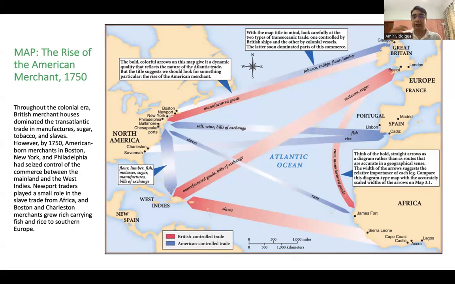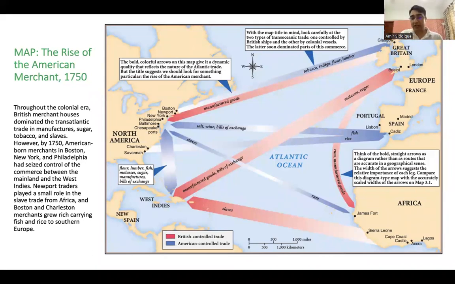And the British would make finished products, like in this case rum and manufactured goods, and send those finished products to Africa. The ships start from the 13 colonies and go to Great Britain full of raw material, and then Great Britain converts that raw material into finished products.